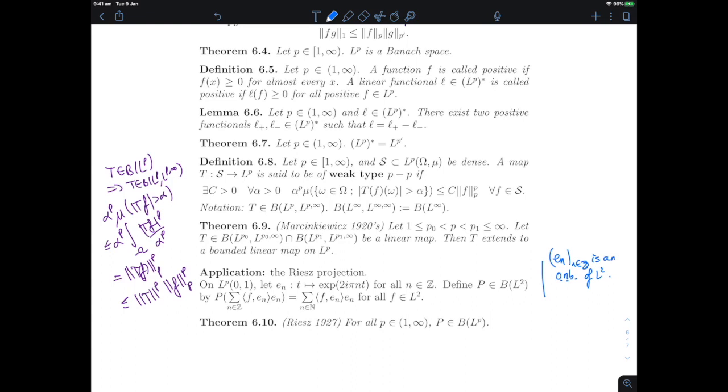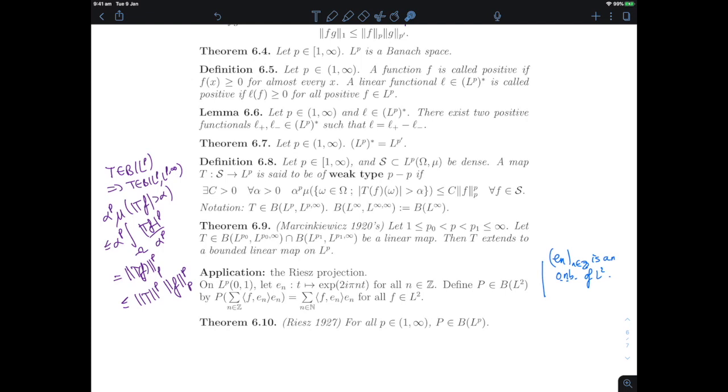But our point is to show that this map will extend to a bounded map on all of the L^p spaces. That is the content of this theorem proved by Riesz in 1927, and that theorem is somehow the starting point of Fourier analysis as we know it since the 20th century. So why is that a starting point?